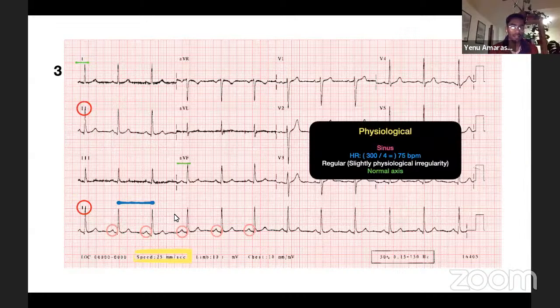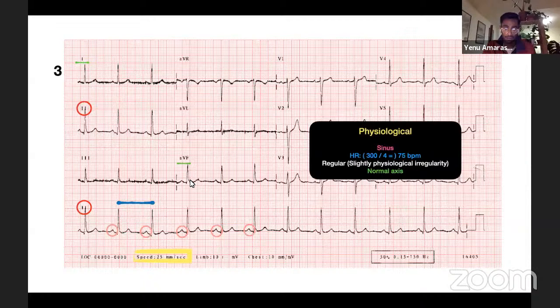And then you calculate the axis again. So there's clear positive deflection in lead 1 and clear positive deflection in lead AVF. So this is also going to fit into the normal range or the physiological range between 0 and 90 degrees.